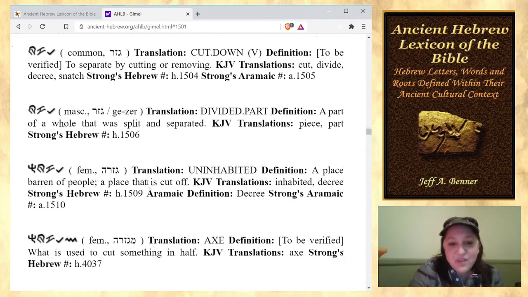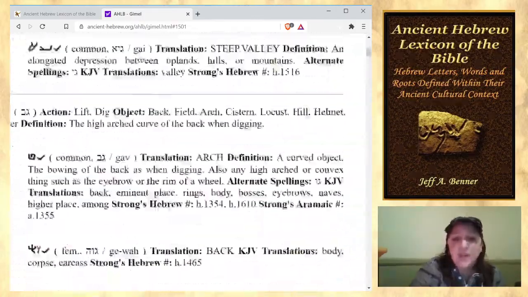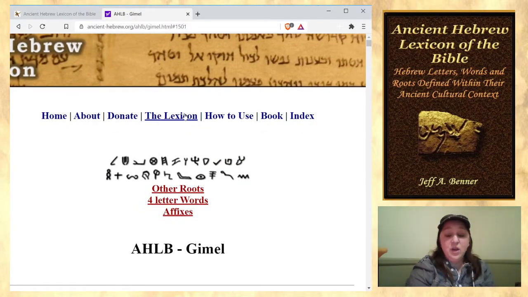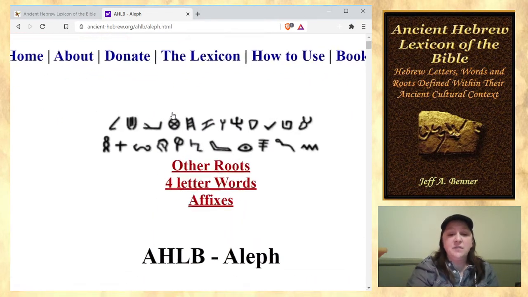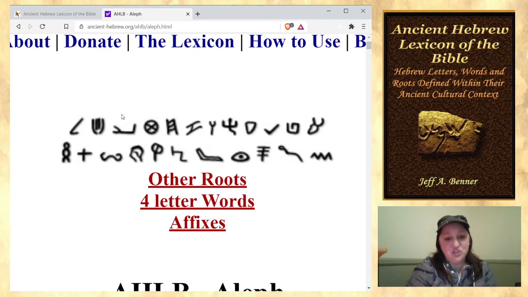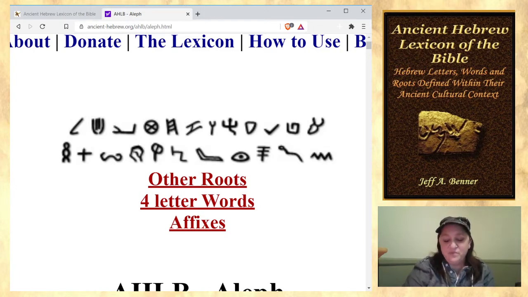So let me show you something else really cool. If you go to the lexicon, click on the lexicon, you're going to see at the top here all of these pictographs. These are the pictograph letters of the Hebrew alphabet.